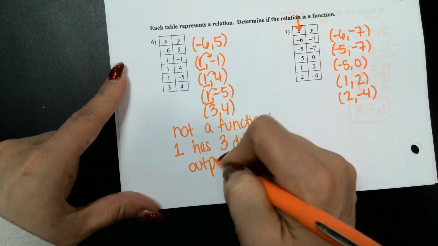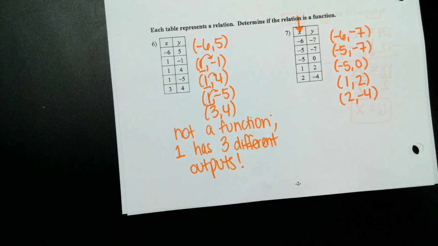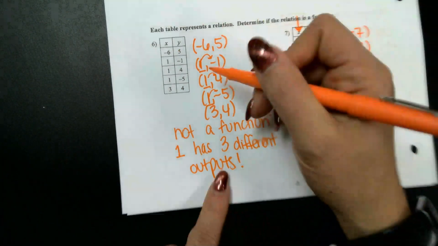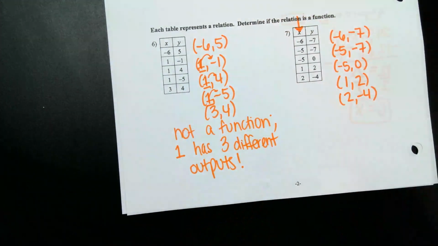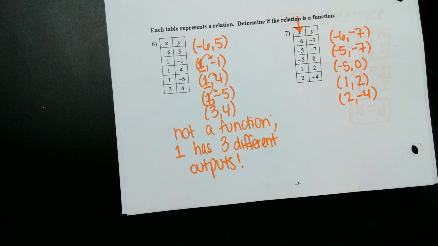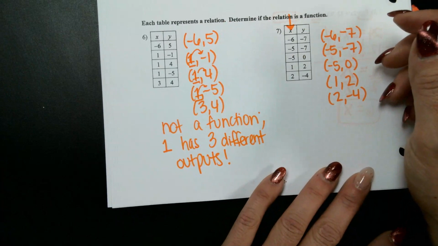If you guys tell me that something is not a function, you have to tell me which number is the reason it's not a function. This one is not a function because the number 1, the input of 1, has 3 different outputs, and it can't. It's only allowed to have 1 distinct output. How about number 7, yes or no?